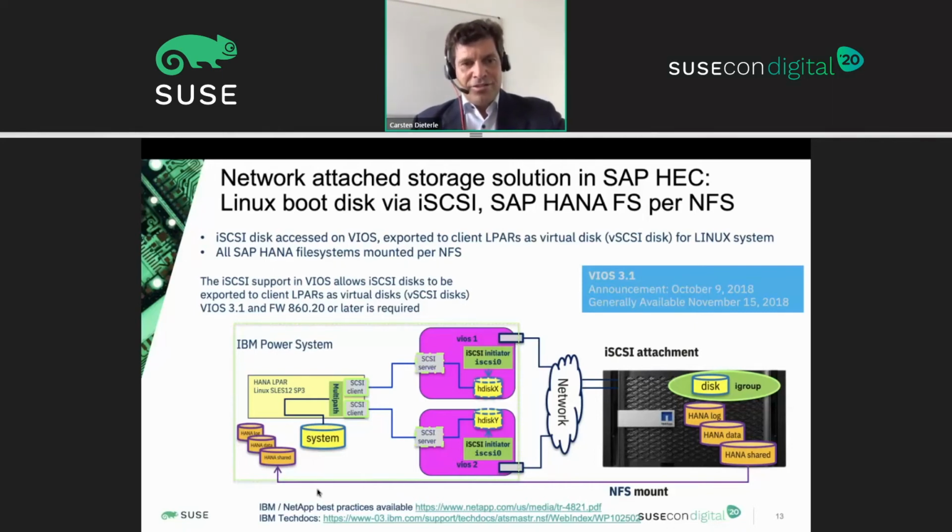You see at the bottom the links to a joint best practices document made with NetApp. All the information I provided before for SAN attached storage is also available in our best practices tech docs, where you really see how to set it up, and how to define and configure the disks, the log file systems, the HANA file systems, and all that stuff.